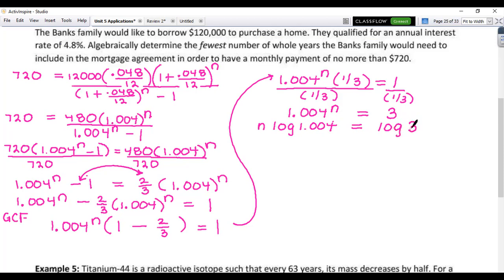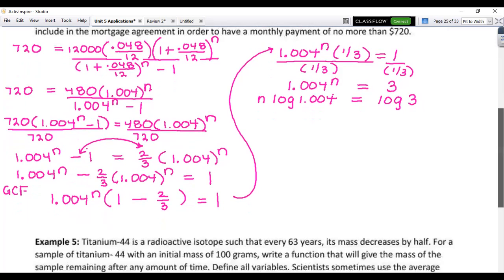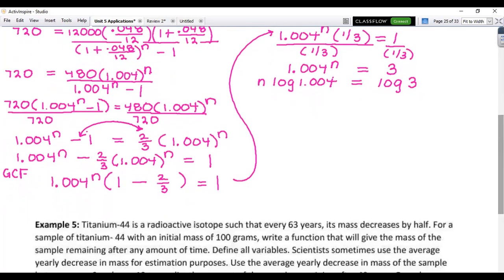And then what do I do next? Can't I divide? So I'm going to divide by the log of 1.004. And what is n equal to?